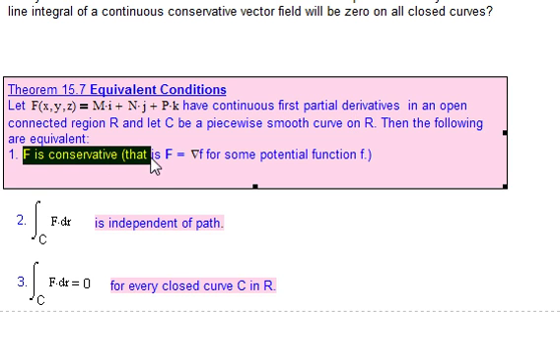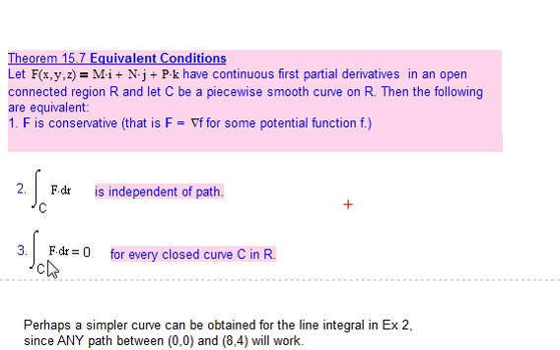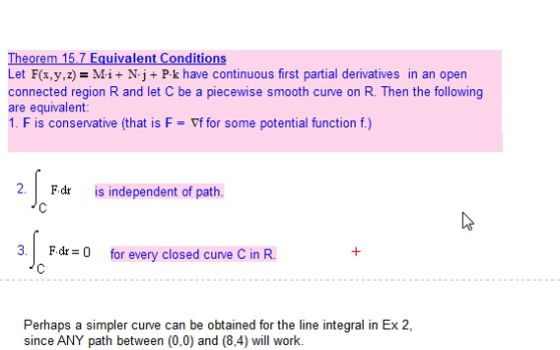1. F is conservative, that is, F is del f for some potential function f. 2. The line integral of F dot dr over curve C is independent of path. In other words, it doesn't matter how you get there. And 3. The line integral is 0 for every closed curve. These all mean the same thing.